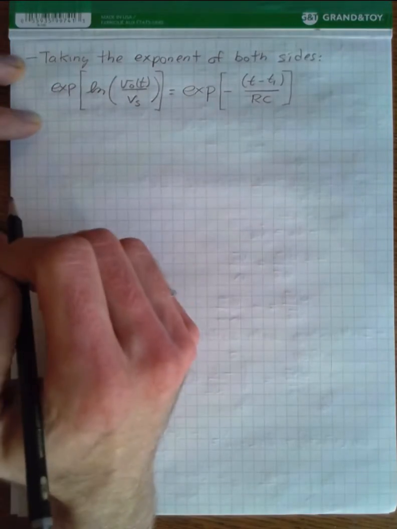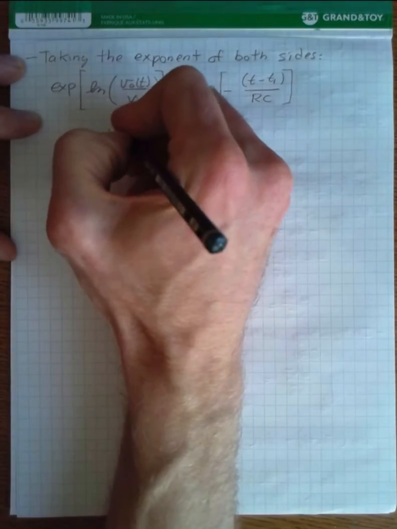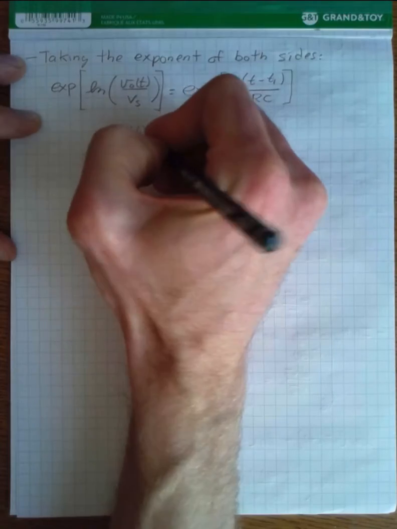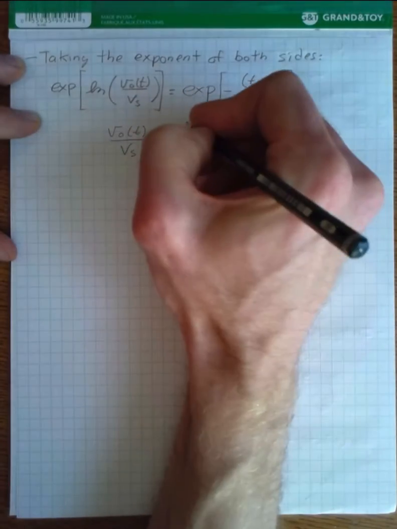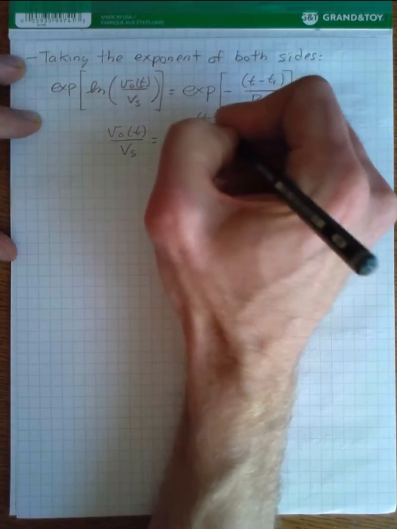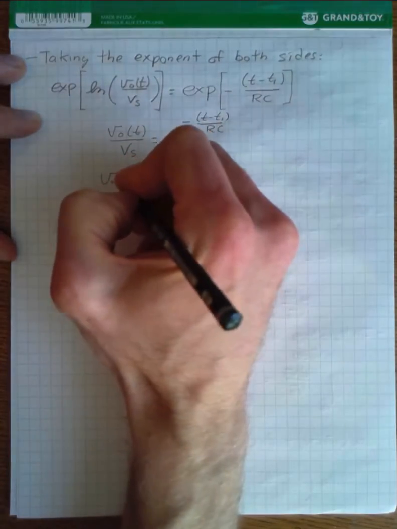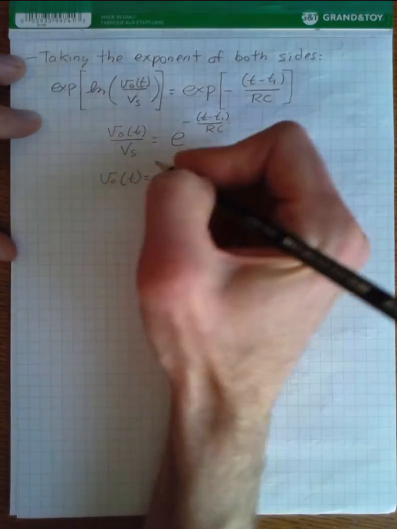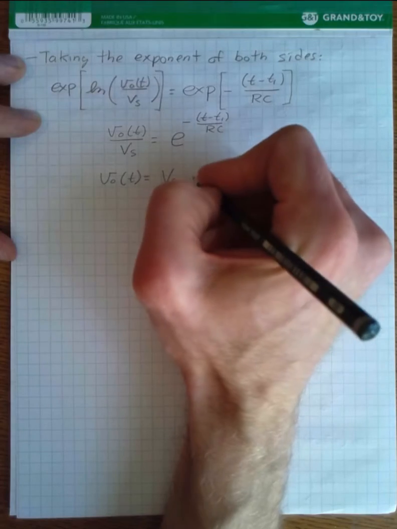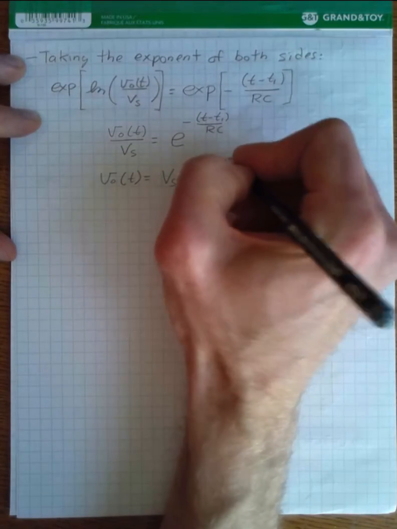This exponent and the natural log cancel out, so we can write V naught of t over Vs is equal to e to the minus t1 over RC. Or in other words, the voltage across our capacitor after we switch out the voltage source is equal to the voltage source value Vs multiplied by this decaying exponential.